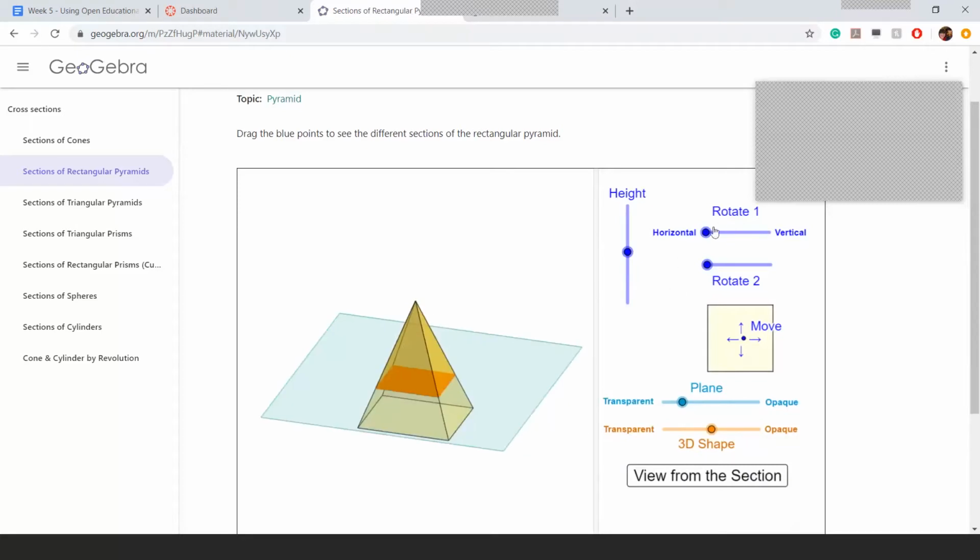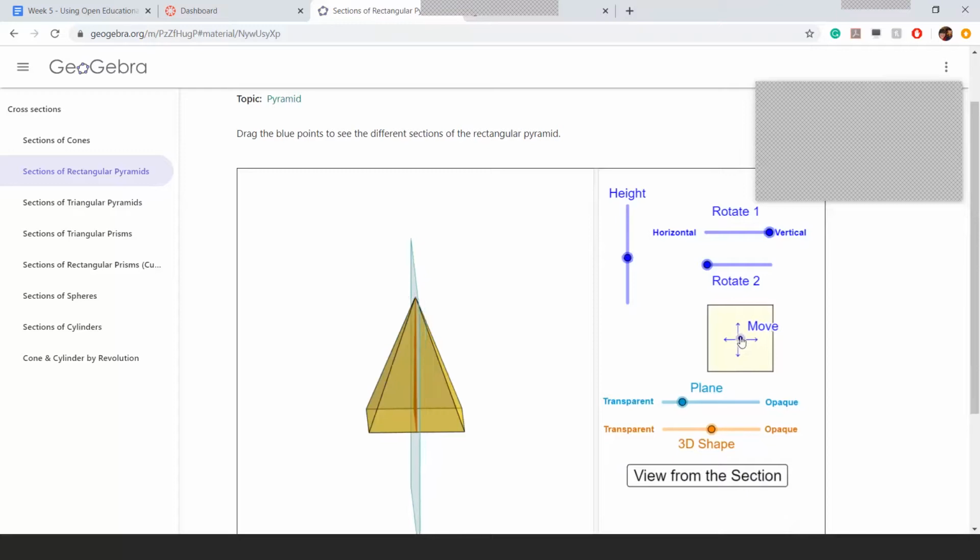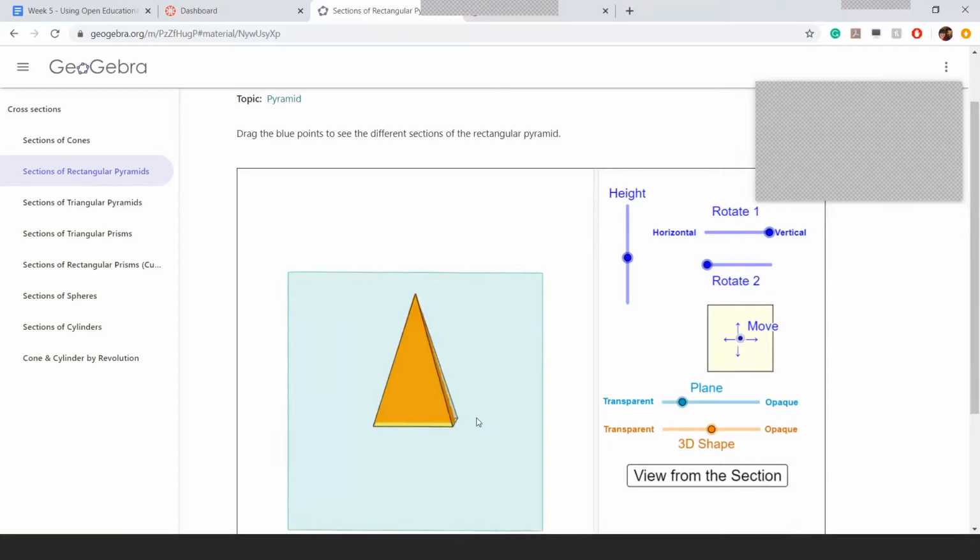So if I flip this all the way to vertical, and move that a little bit more, just so it's perfect on my vertex, what do you know? My cross section matches up perfectly with my face. So that means the horizontal is a rectangle, and your vertical is a triangle.